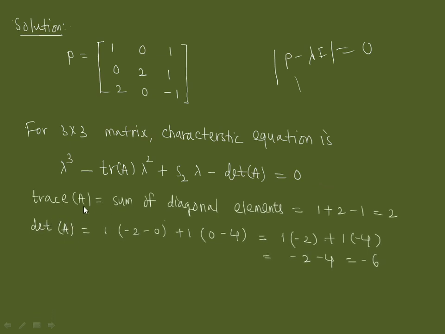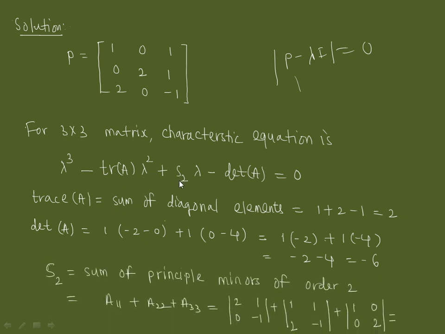So here the trace is nothing but the sum of diagonal elements. So the trace is 2, and after solving, the determinant will be minus 6. Now what is this S2? S2 is the sum of principal minors of order 2. What are the principal minors?